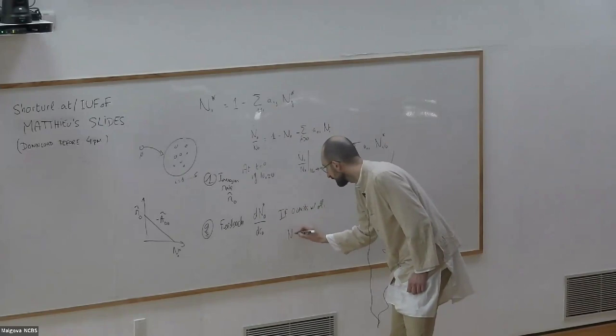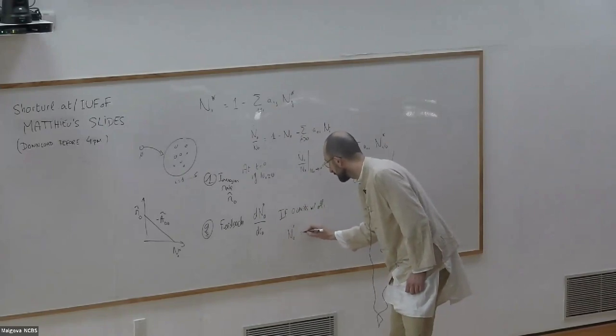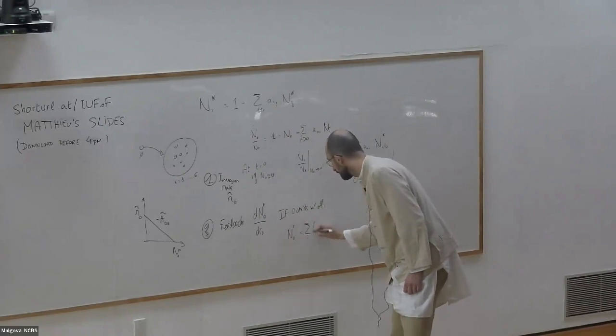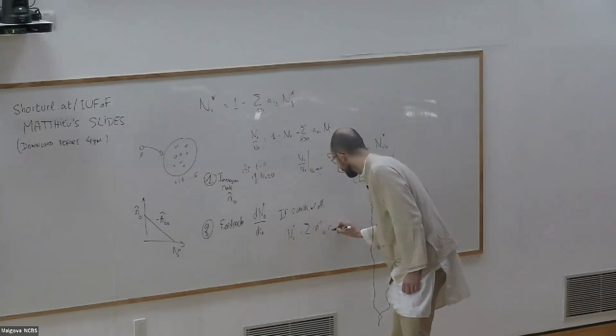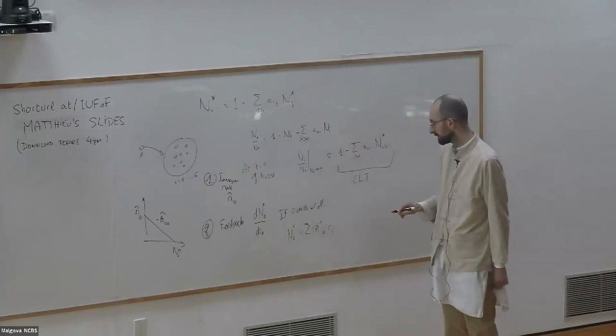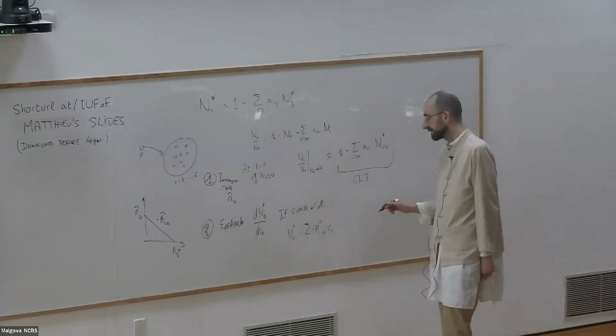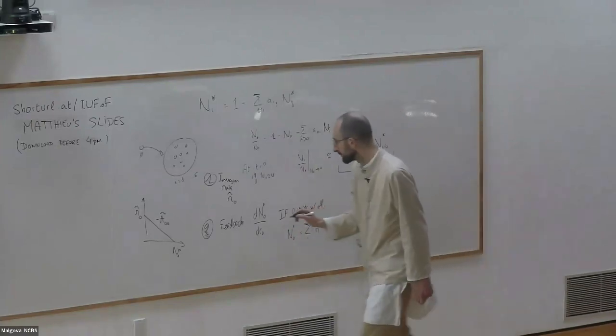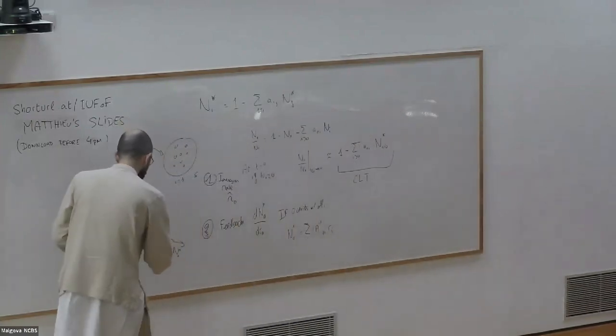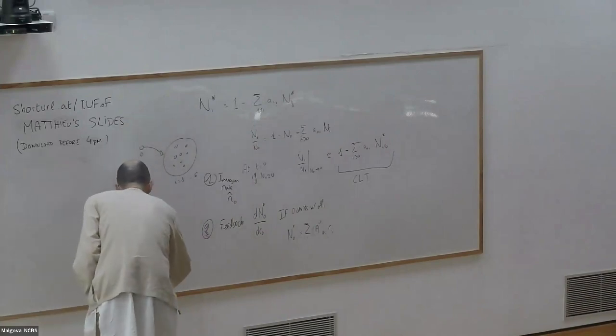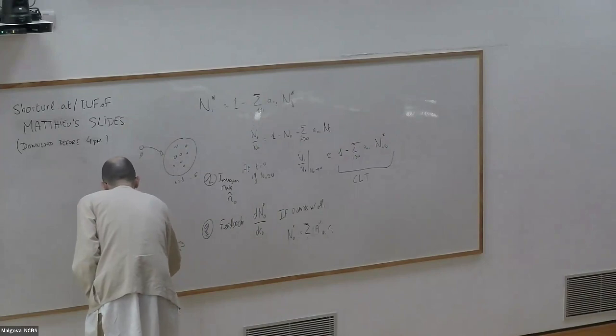You're just going to have that n0 star is the sum over i of the inverse matrix A minus 1, 0 i, applied to Ri. So if I do this derivative, if I want to have the feedback, remember that if this is the slope, then 1 over A00 is the feedback, the susceptibility matrix here.